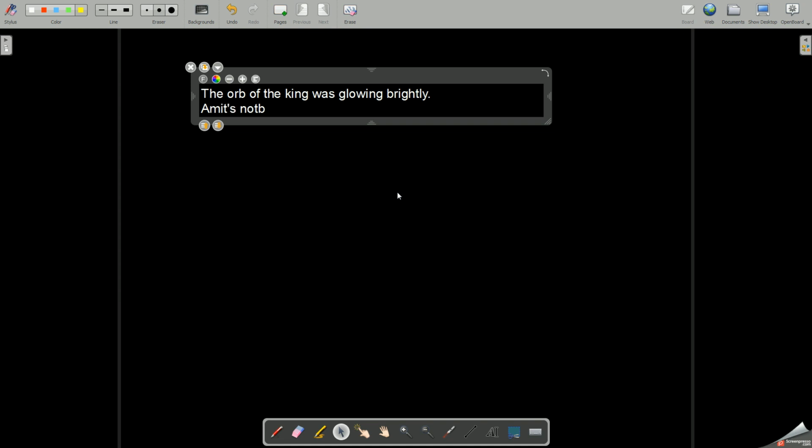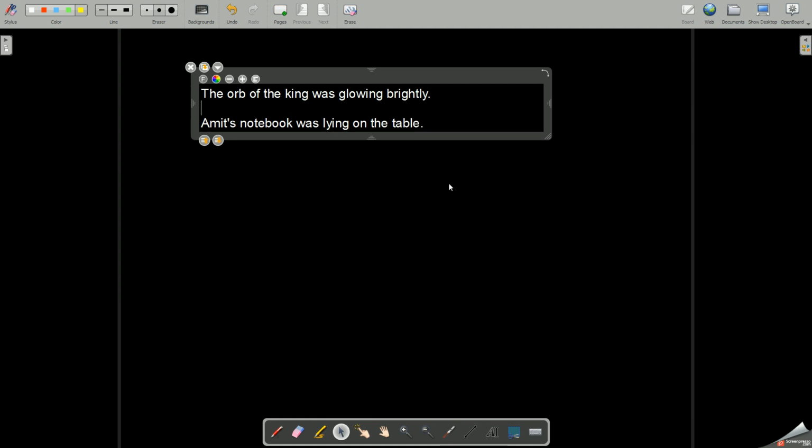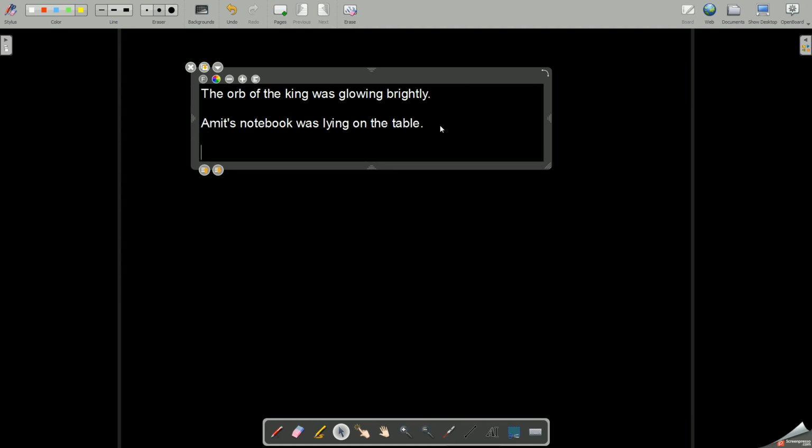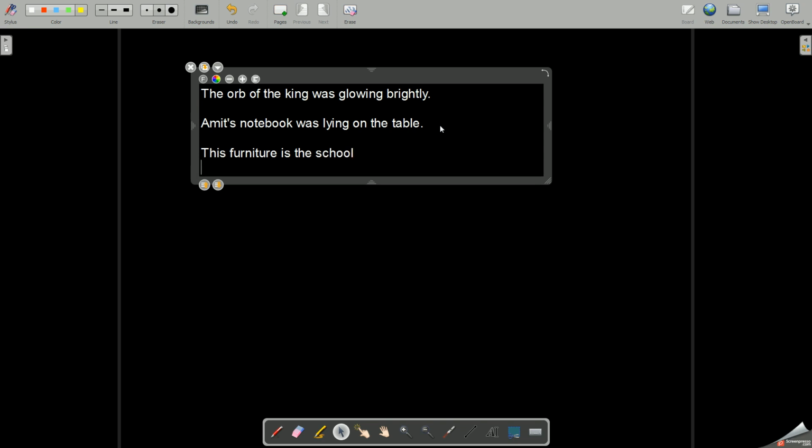Amit's notebook was lying on the table. So over here you can see, and one more example we'll take. This furniture is the school's property.